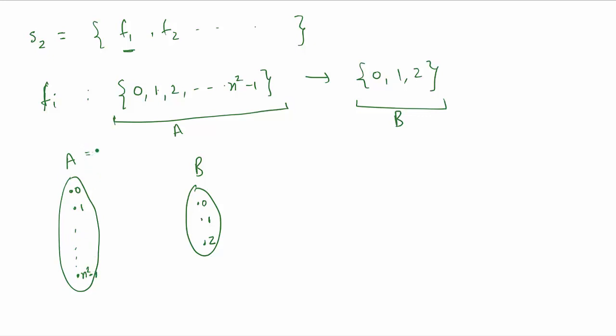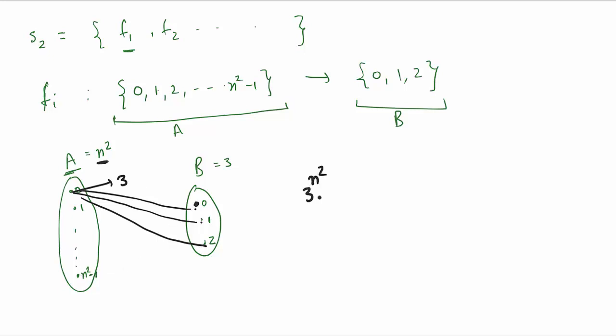Then how many functions are possible from A to B? For every element of A, we have three choices, right? I can map this 0 to either 0, or 1, or 2. So there are three choices for every element, and there are n square elements in total. That's why I have 3 power n square such functions.